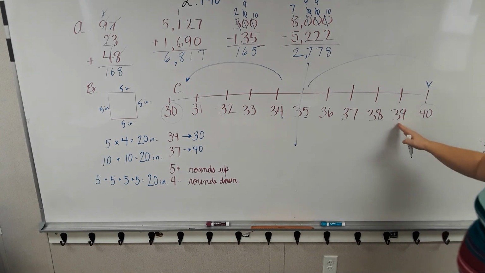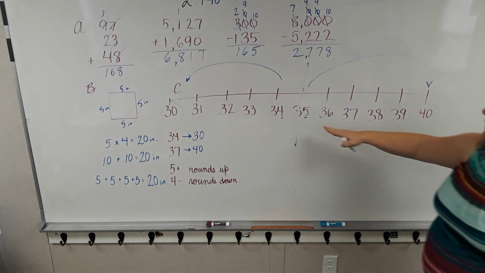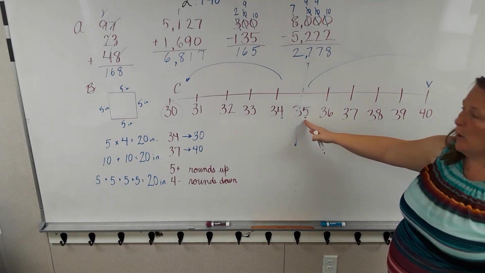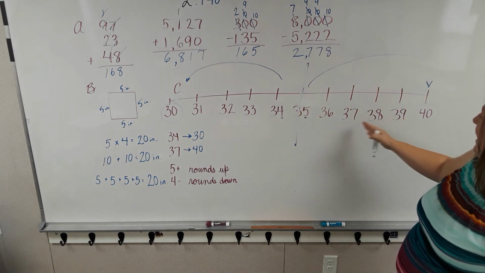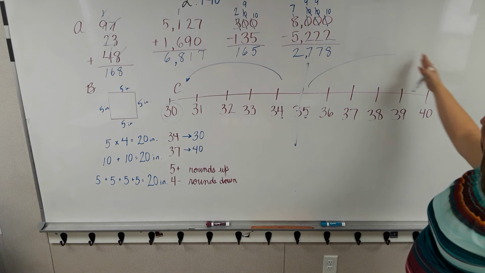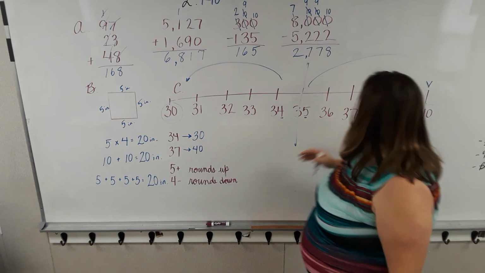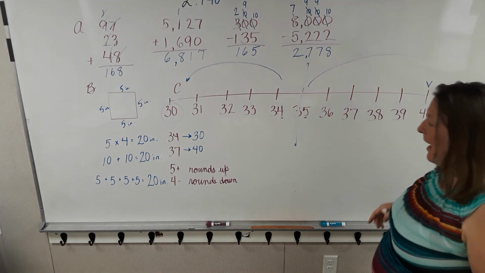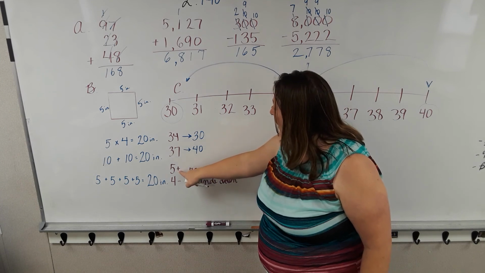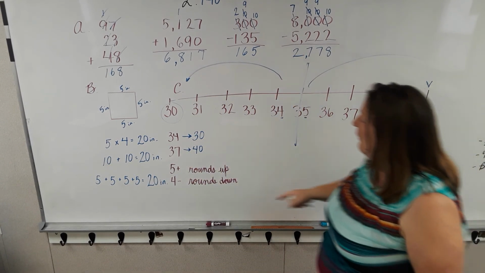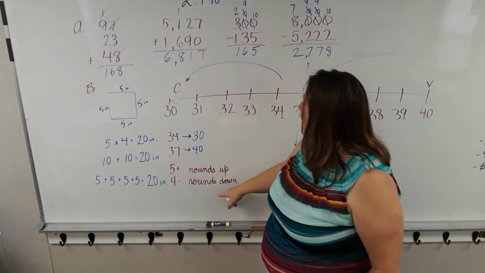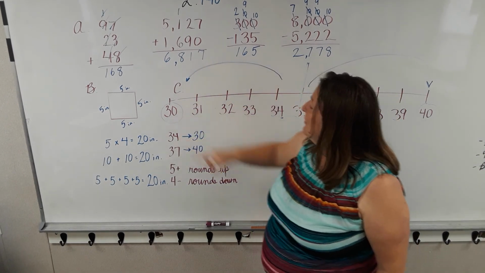If we said 39, 39 is above the halfway mark. See, this is the halfway mark, and if 39 is 5 or higher, you round up to the next 10, that higher 10. So 5 up rounds up to the next 10. 4 or lower rounds down to the lower 10.